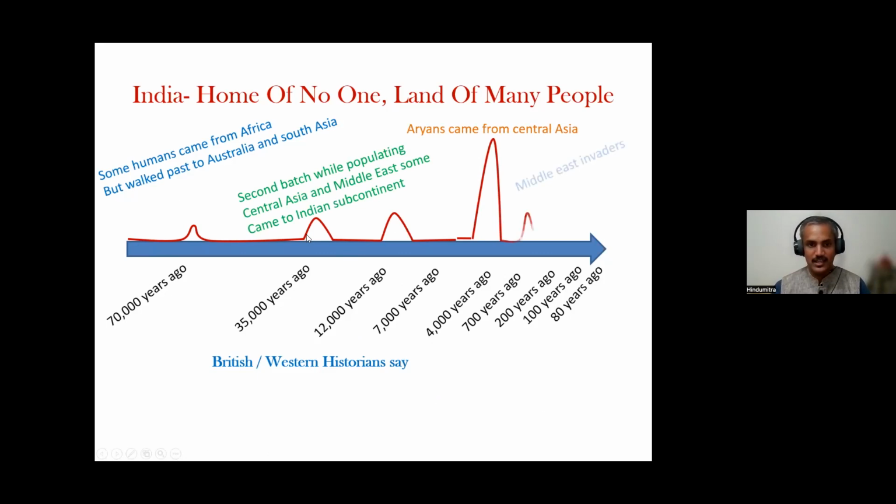Then a second batch came from Central Asia approximately 35,000 years ago. Then another batch came around 12,000 years ago. Then finally, Aryans came approximately 2000 BC, that is 4,000 years from now. They also came from Central Asia, in large numbers, and displaced the native Dravidians.